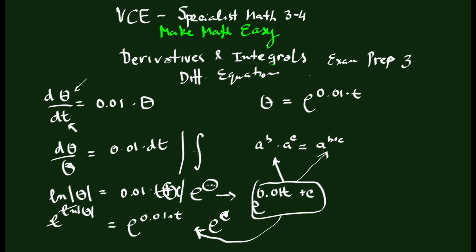So therefore our final is this here times a constant, and we can then put it in front, say some a, which replaces this e to the power of c. So that's our solution.